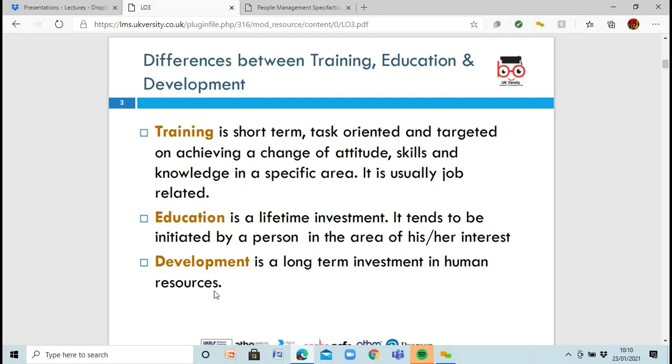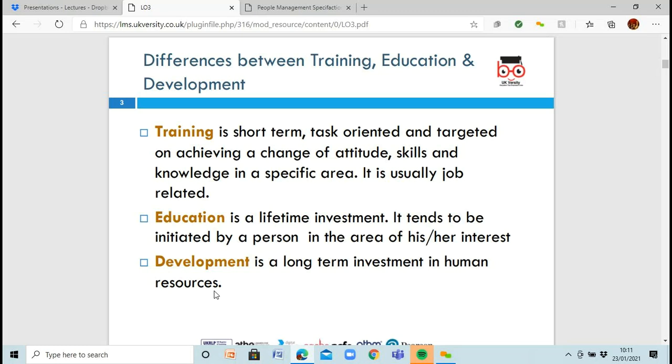So there are differences between training, education, and development, and we'll just quickly go over what those are. So training is short term, so it's task orientated, and you're just targeting the factor that you're trying to achieve, a change of attitude, or you're trying to achieve some skills or some knowledge in a specific area. So this is normally job related.